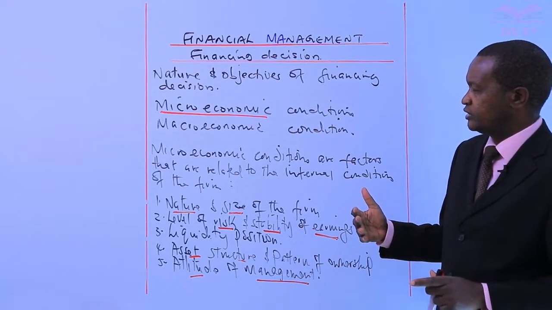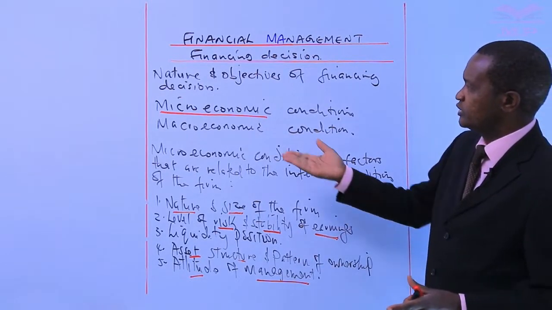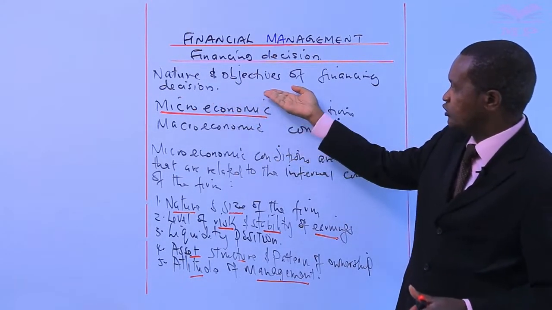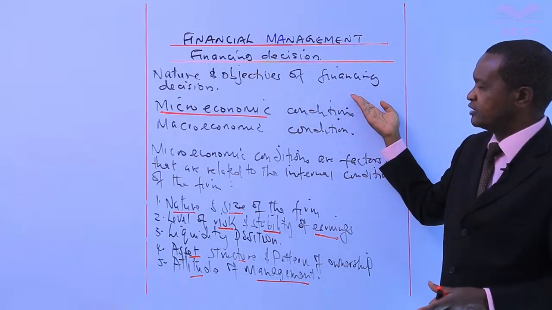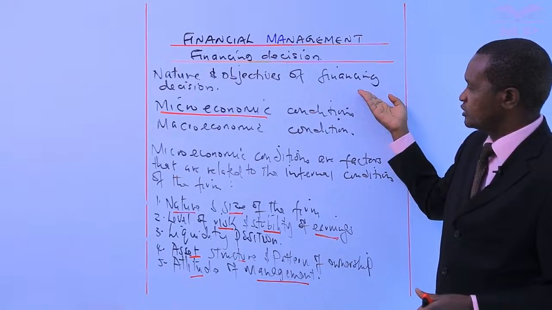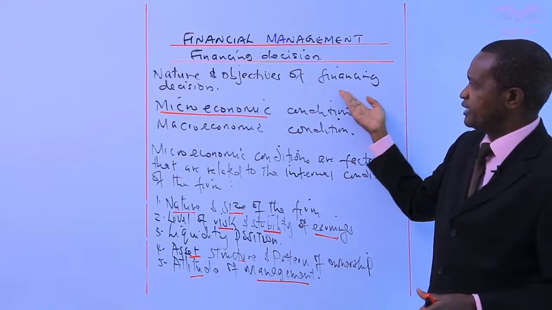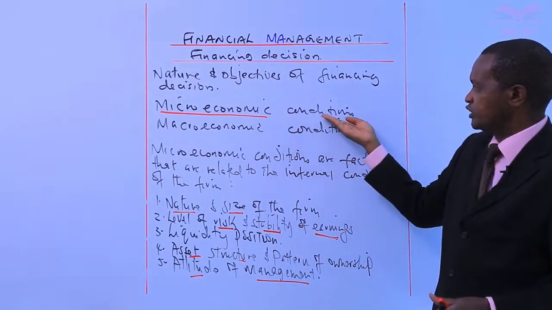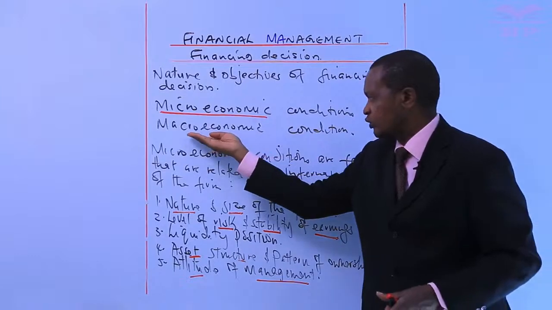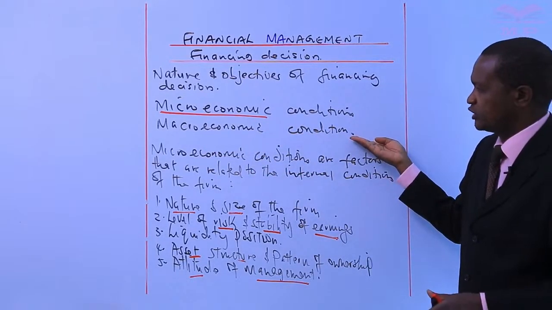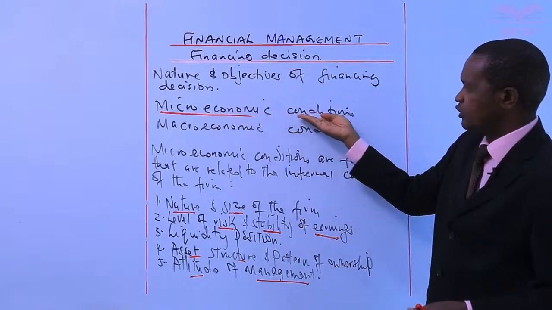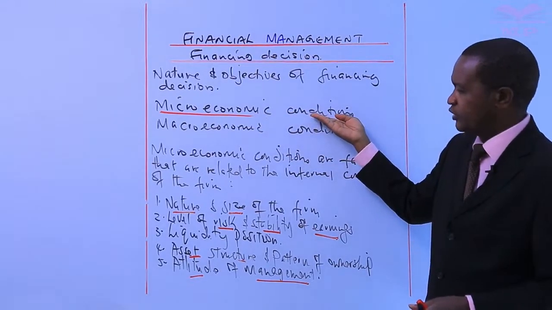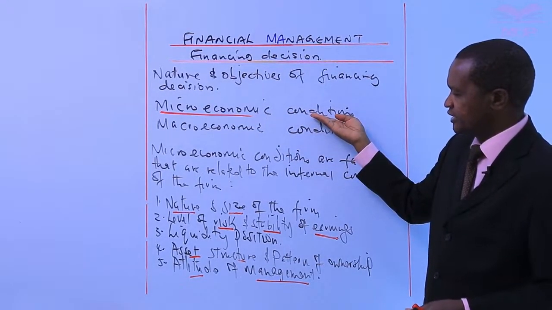And in today's lesson, we introduced the subtopic on the nature and objectives of financing decisions. We've said that financing decisions can be influenced by microeconomic conditions and macroeconomic conditions. In today's lesson, we discussed the microeconomic conditions that affect or influence financing decisions.